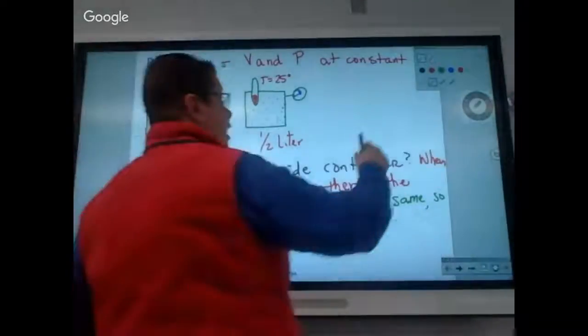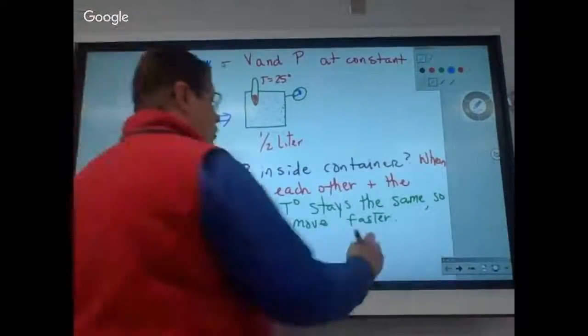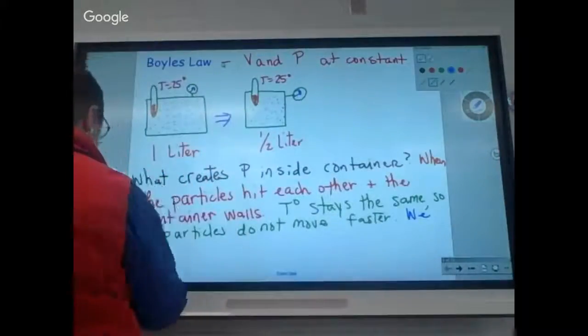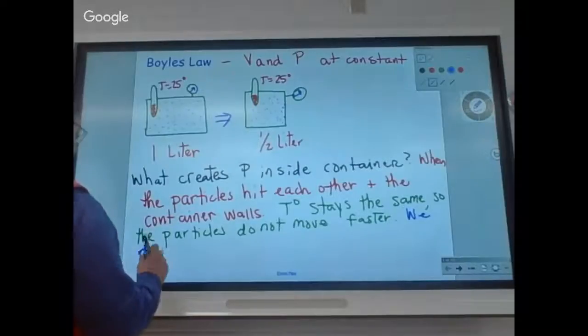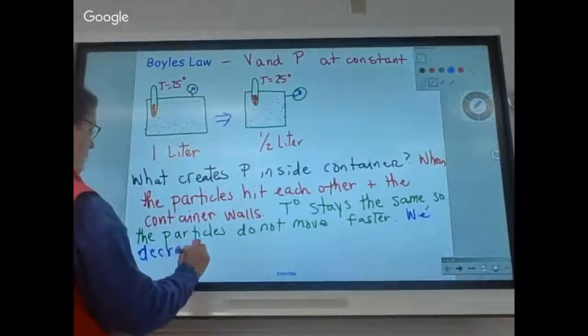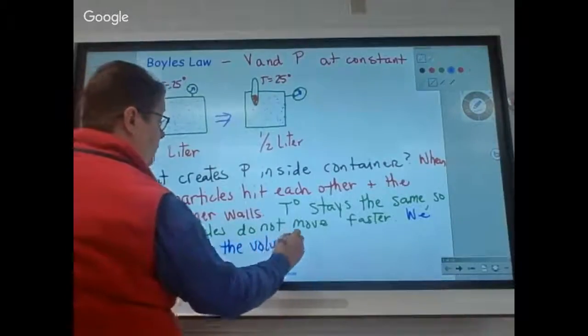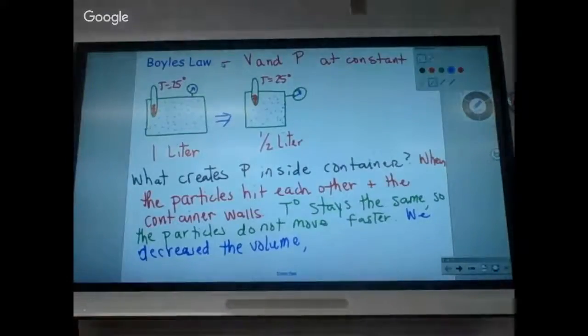So, what did we do to the size of the box? We decreased the volume. Now, if we decrease the volume, what did we do to the amount of space those particles have? Decrease. So, think about the main hall during class change.